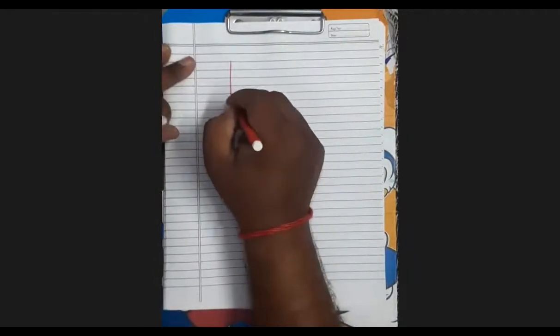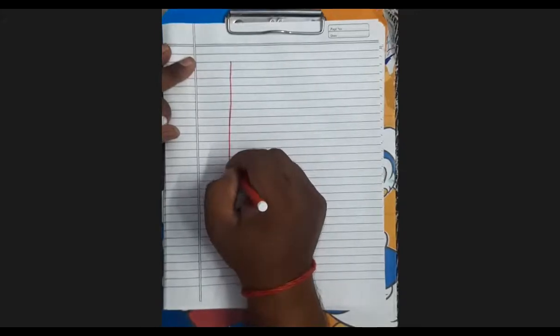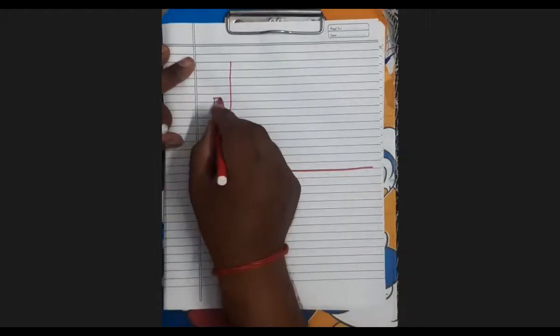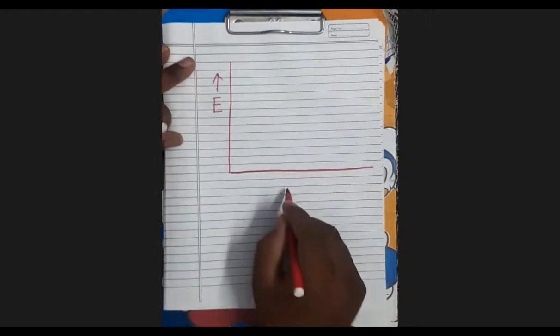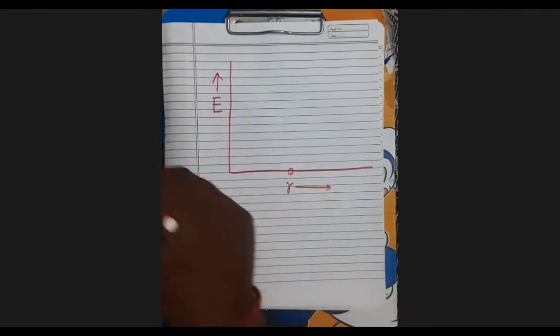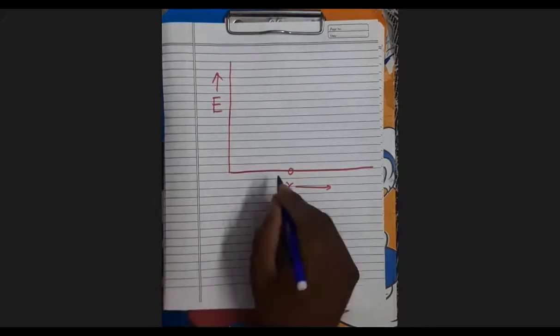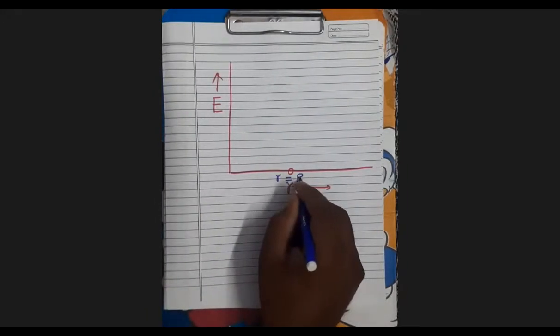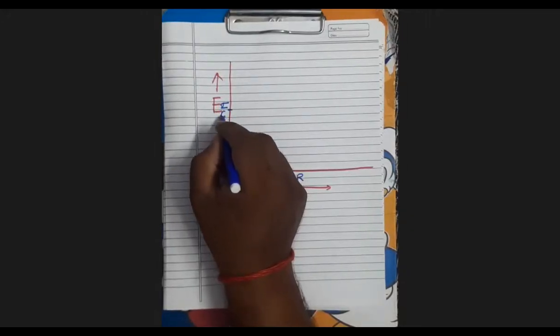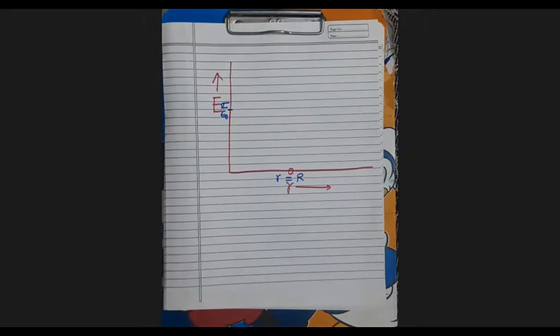Now see here, if you draw the graph of E versus r for the spherical cell, here on this side is E and on this side small r. This point corresponds to small r equals capital R, and this is the intensity which is equal to sigma upon epsilon naught.